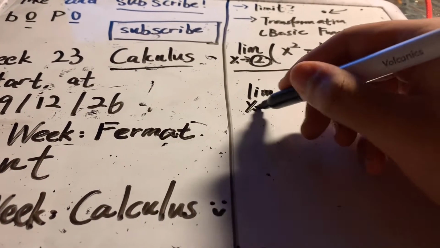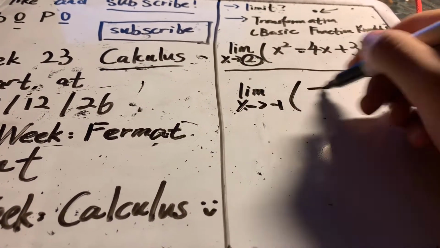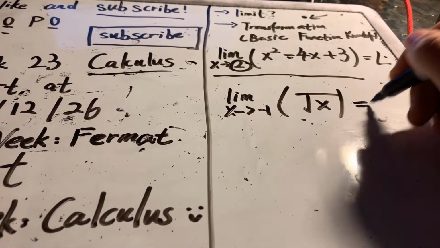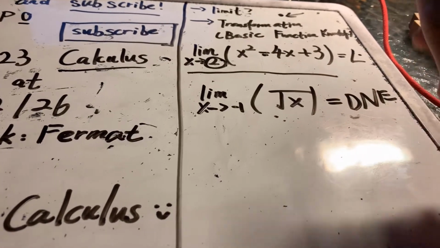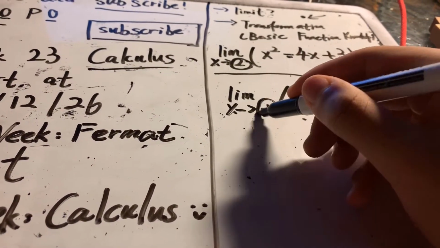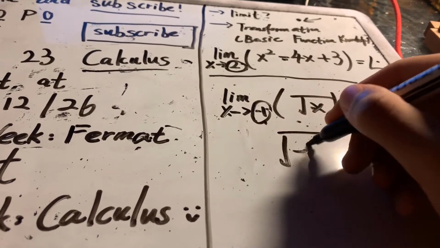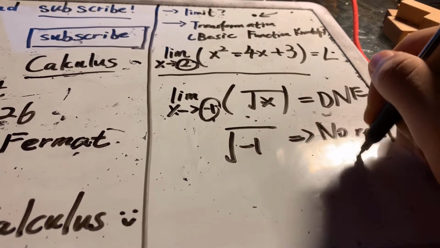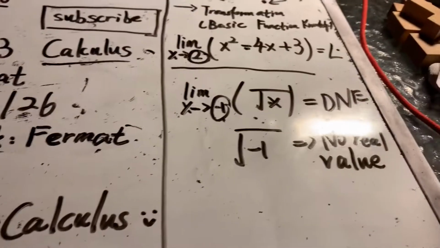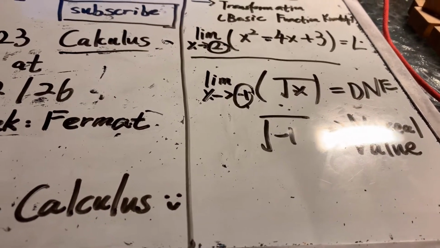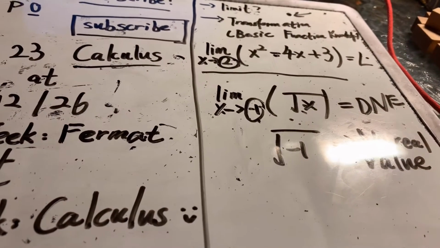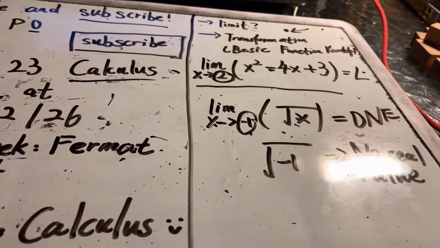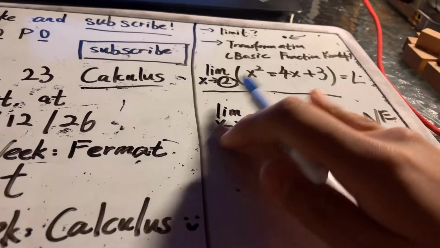For example, this one does not exist. If you plug it in, you will find it equals something with no real value. We don't consider imaginary numbers here. So if there are no mathematical errors like this or dividing by 0, then you can just plug in.